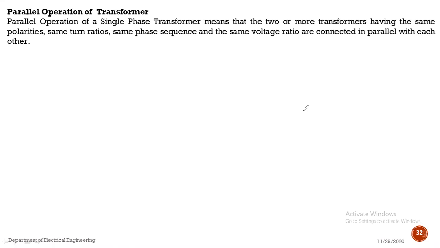The use of electricity is increasing day by day. So with the increase in the demand for electricity, and to meet the power requirement of the consumers, we are increasing the power stations as well as the transformers, and these transformers are connected in parallel.